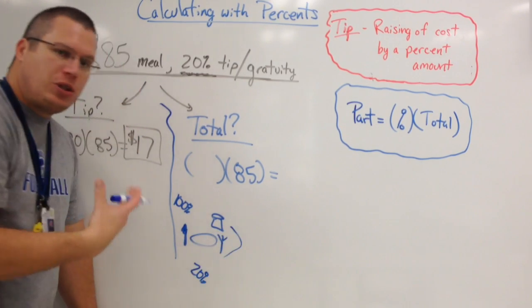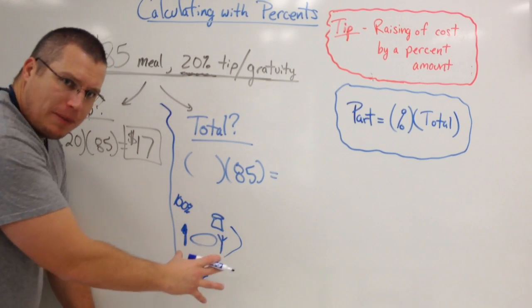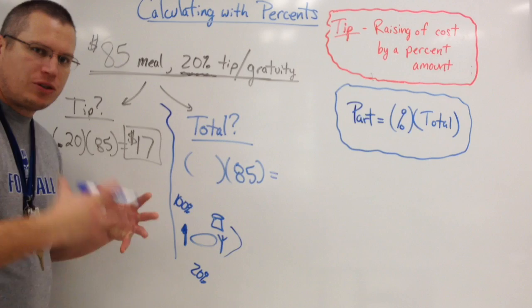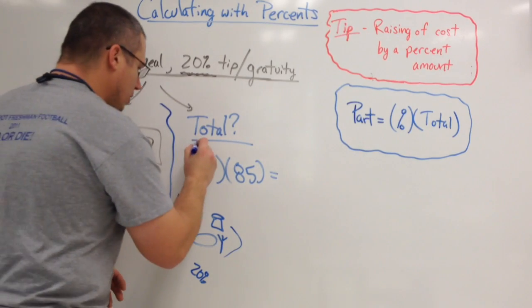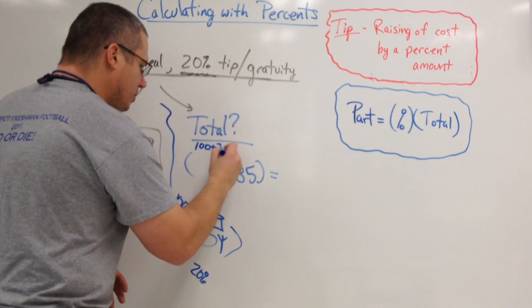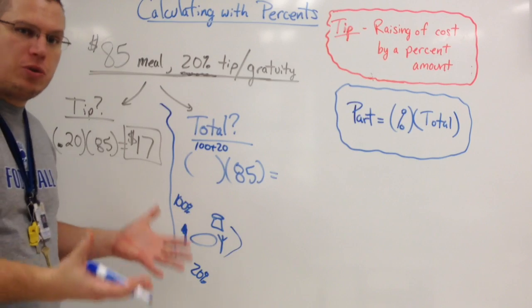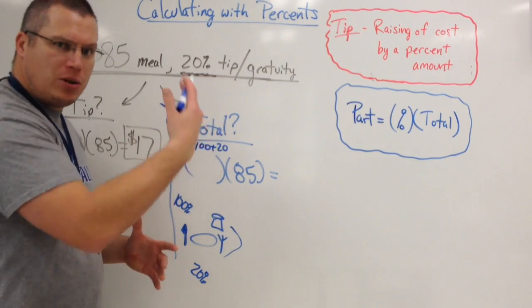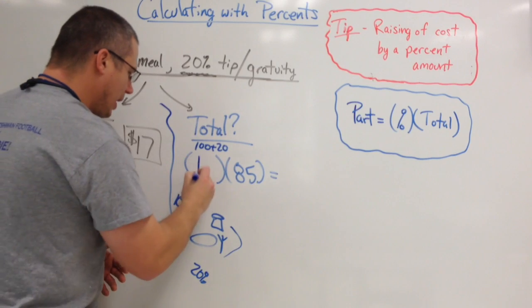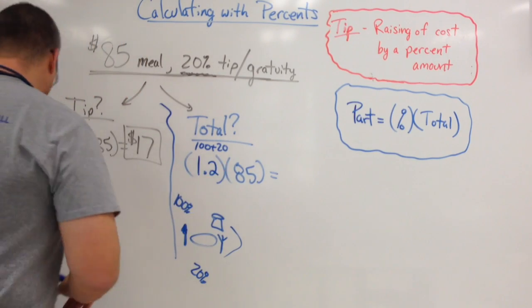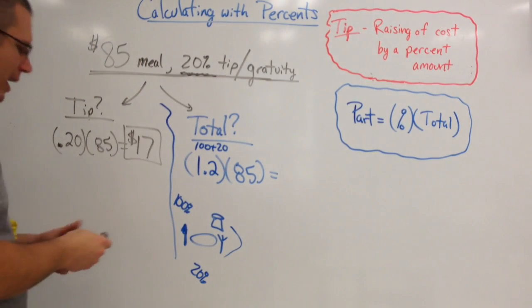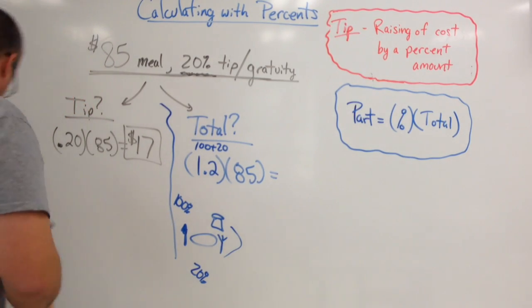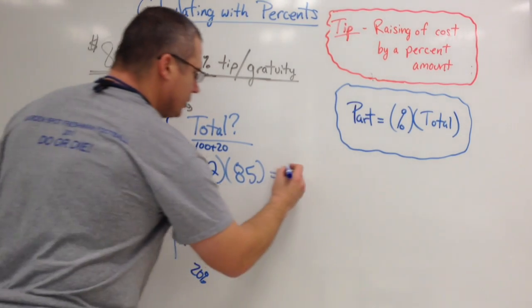So if I add those two together, 100% of the meal cost plus 20% more, what total percentage am I paying for? 100 plus the 20 is 120%. So I'm going to take 120%, make it into a decimal, move 2 times left, and I get 1.2. So let's go ahead and calculate that out. 1.2 times 85 equals $102.